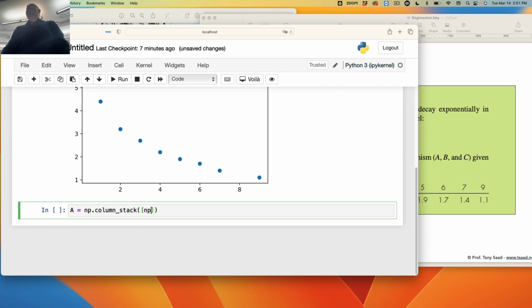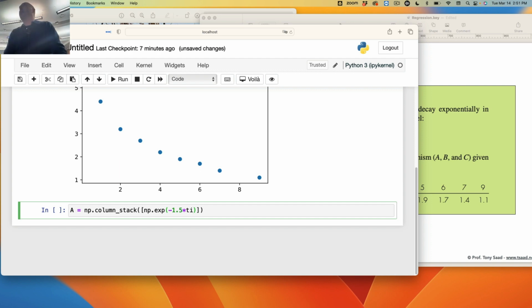And the first one is going to be np.exp of minus 1.5 times what? Not t, ti, right? Because this is going to be the first basis function evaluated at t1, evaluated at t2, evaluated at t3, right?